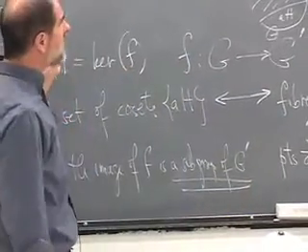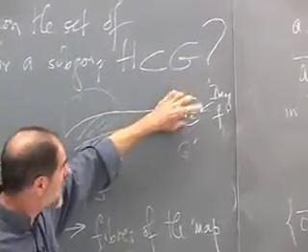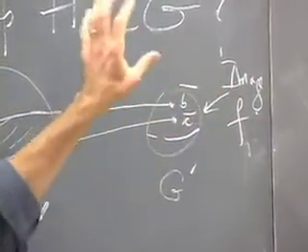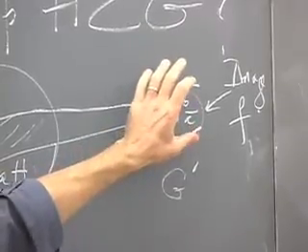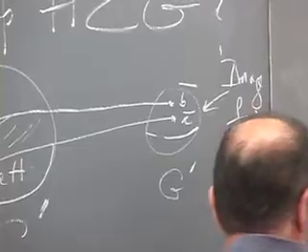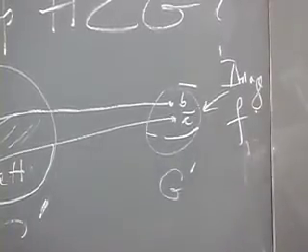Therefore, since the set of cosets is in bijection with the image, and we have a group structure on the image set, that gives us a group structure on the set of cosets. Good. So we transfer, or sometimes mathematicians, if they wanted to be sophisticated, would say we transport the structure of the image onto the set of cosets.